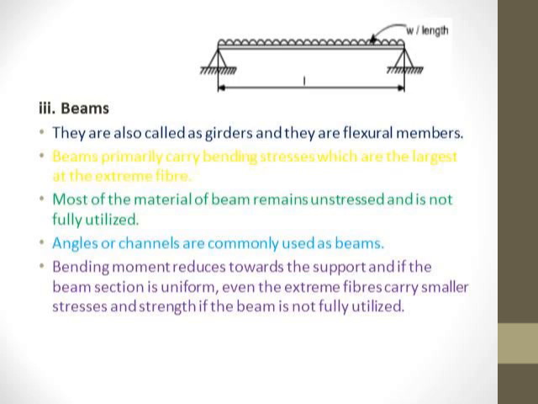This means the whole area of the beam is not being utilized in the structure. The bending moment reduces towards the support, and if the beam section is uniform, even the extreme fibers carry smaller stresses, and the strength of the beam is not fully utilized.